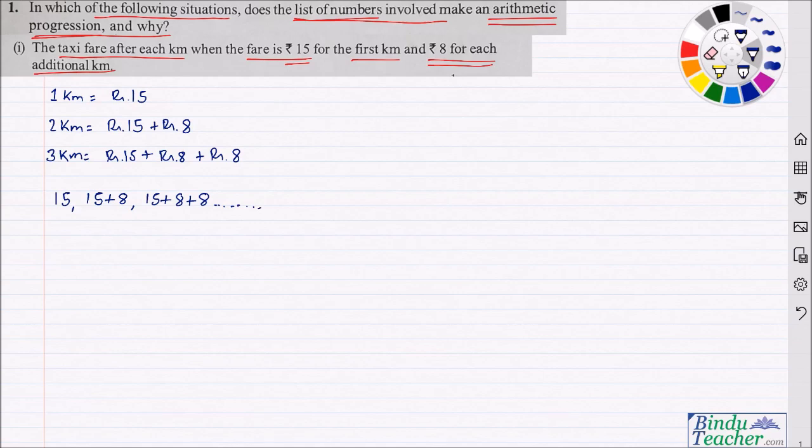Now, what do we know about arithmetic progression? How do we define an arithmetic progression?